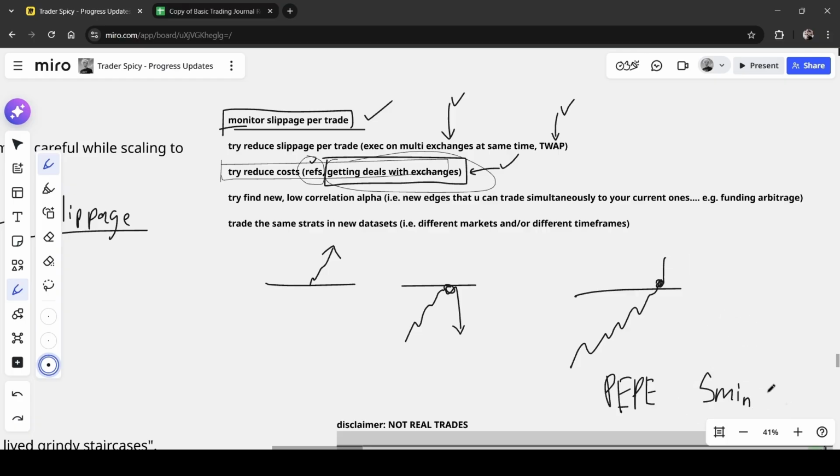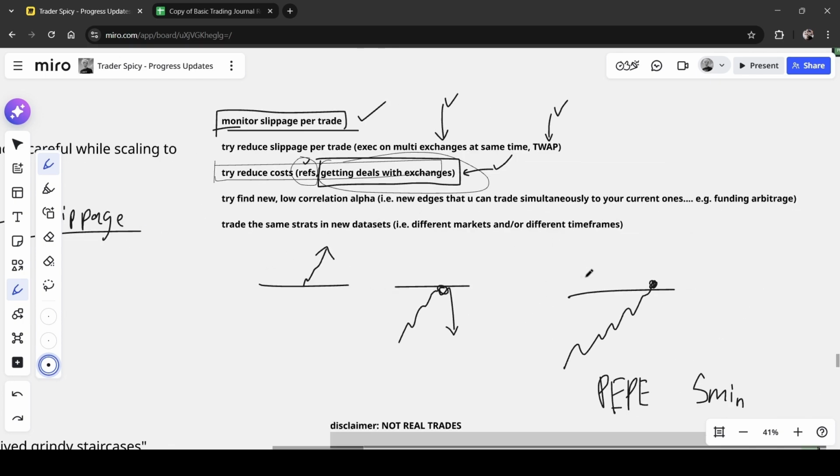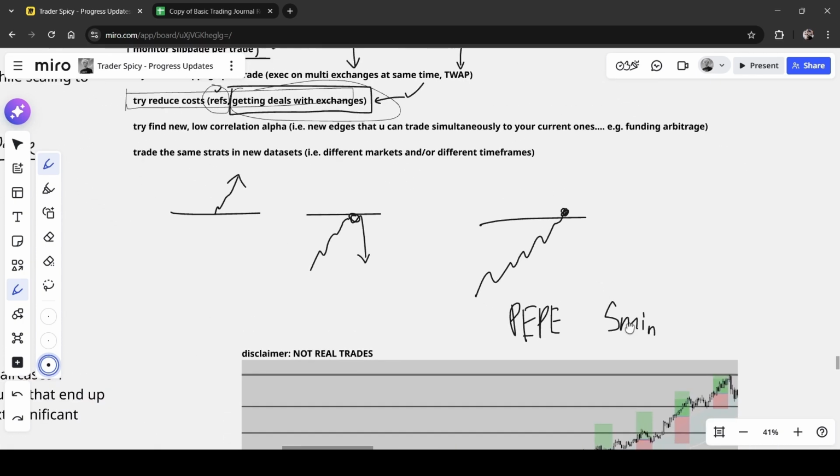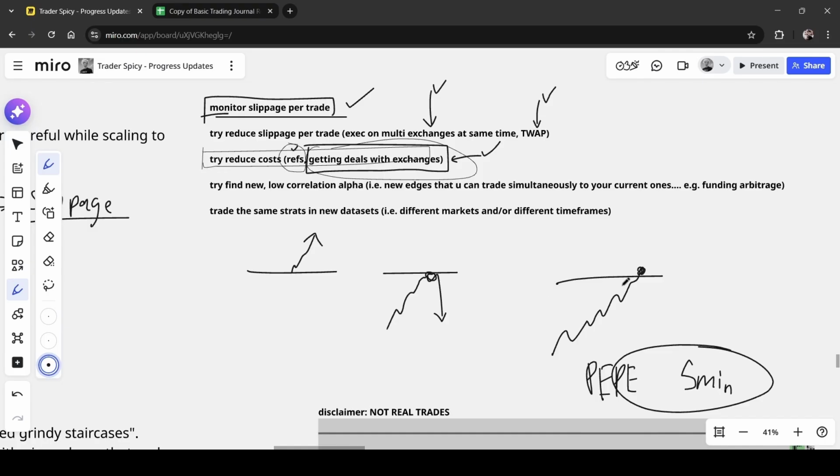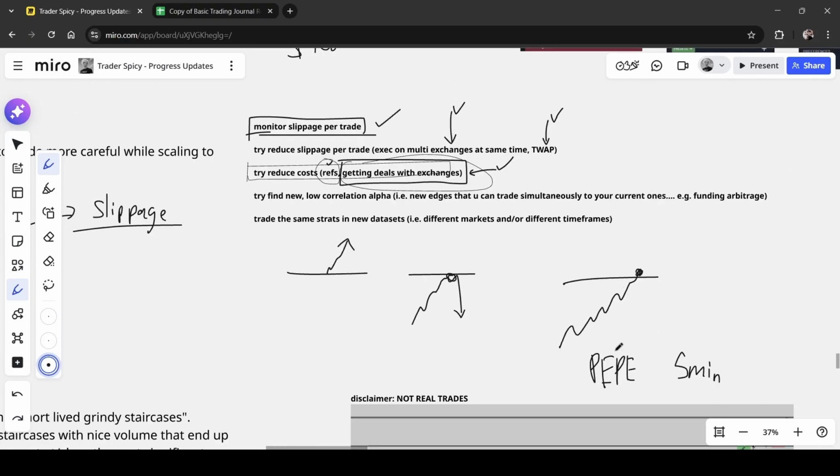I'm saying, maybe a coin doesn't have enough volume on the 1-minute time frame, but it does have enough volume on the 5-minute time frame. So you can take the exact same trade on the exact same coin, just on a different time frame, and set the expectation that your trade is probably going to play out 5 times longer than normal.